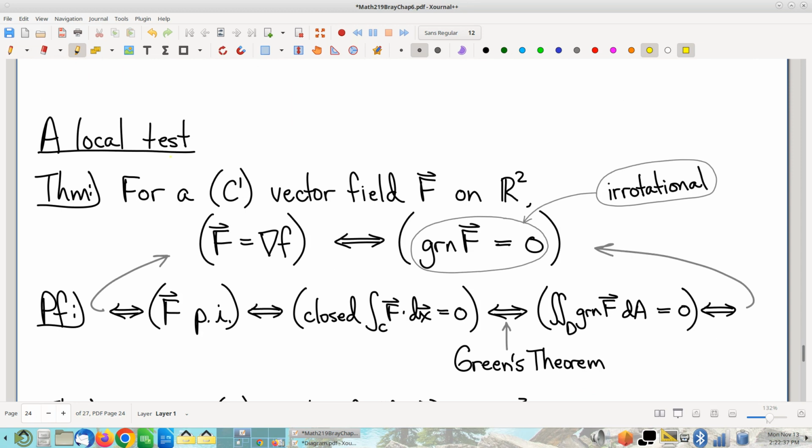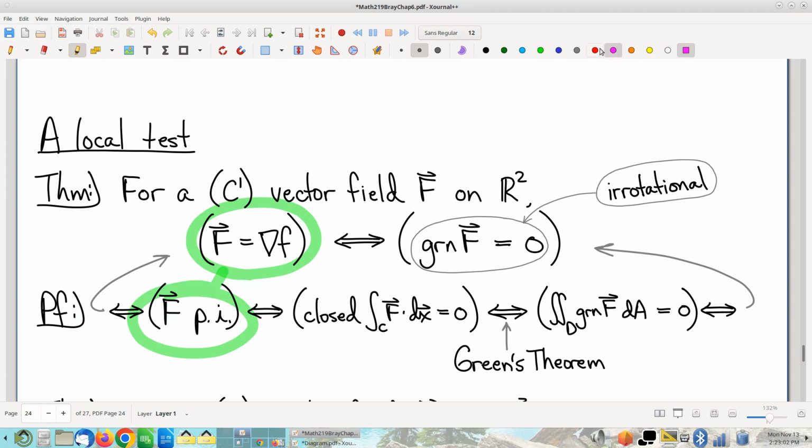Local test. So, how do we know? How do I know if a vector field is a gradient? Or said differently, how do I know if a vector field's path independent? We already know these are the same. We already know that any gradient's path independent and vice versa. But given a vector field, how do I know if it's one of these cool ones or if it's not? So, theorem, right?